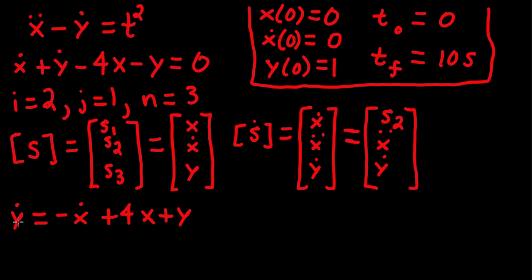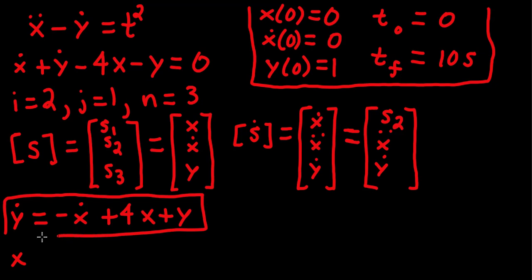And we can substitute this into the equation up here. For the top equation, we have x double dot equals t squared plus y dot, and that's just going to be equal to t squared minus x dot plus 4x plus y.